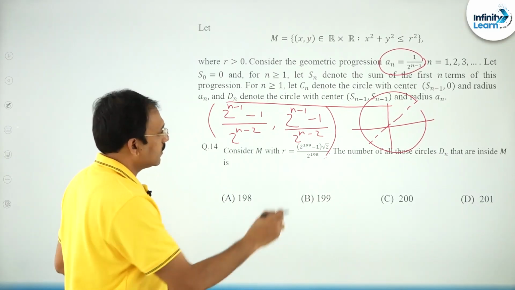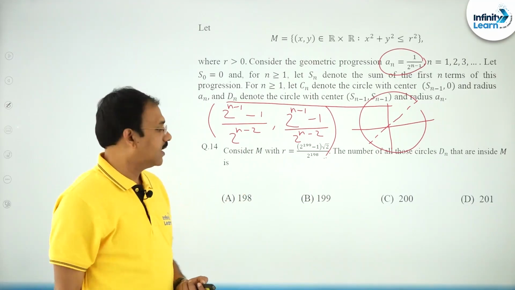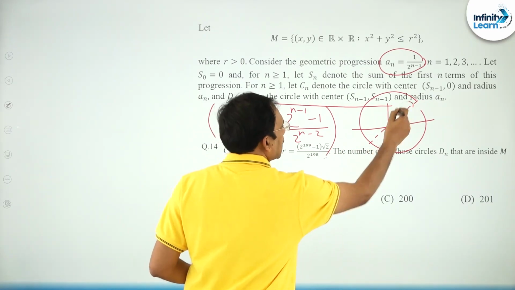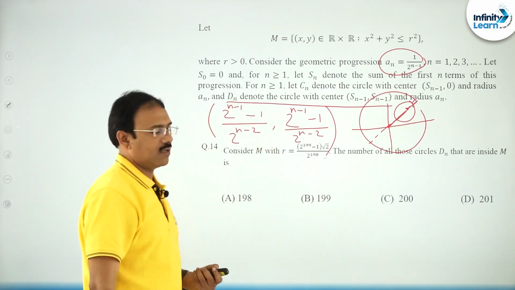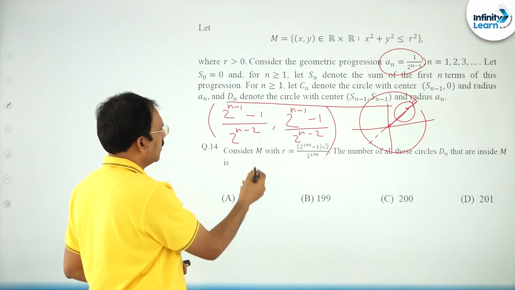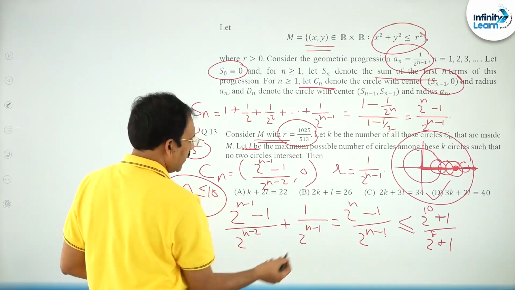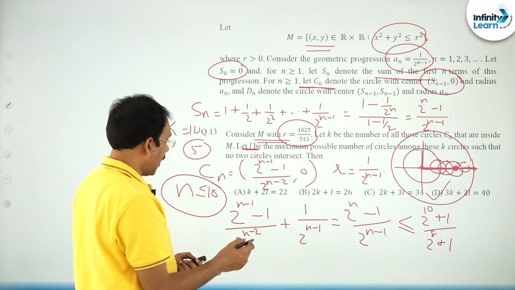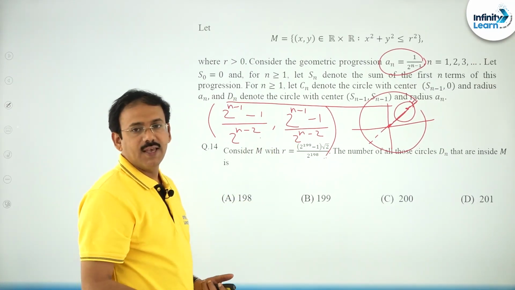You do the same thing for the number of all circles Dn that are inside M, just like in the previous case. For this circle, this is the maximum case: you take the x coordinate distance plus the radius. The distance of this from the origin, just like the previous distance we got, is 2 power n minus 1 by 2 power n minus 1 into root 2, or else you can just see that the distance of (x, y) from the origin is x root 2.